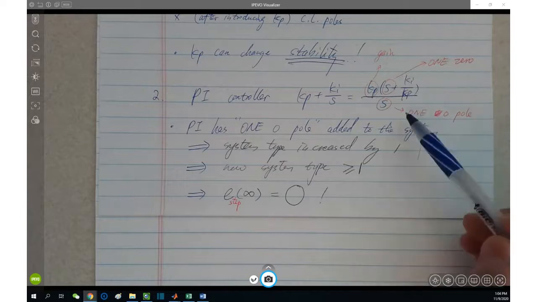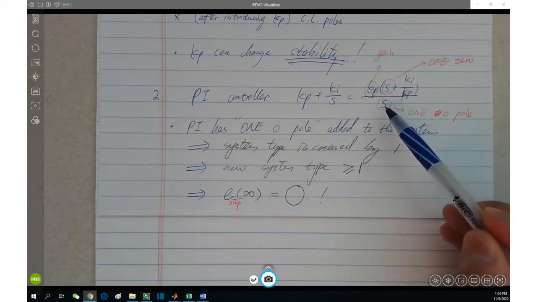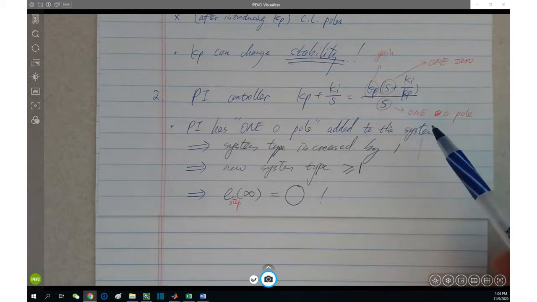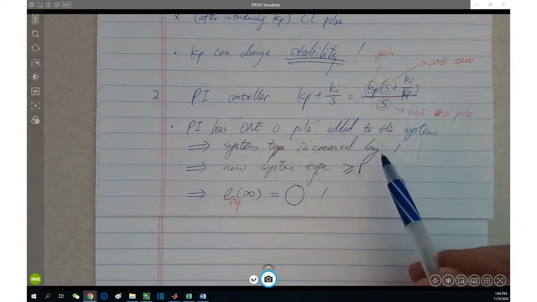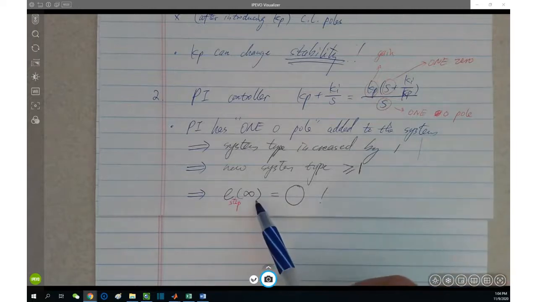And also, it's introducing a pole at zero. This pole at zero is very significant since it is adding the system type by 1. Therefore, the system becomes immune to step input steady-state error. As long as you're applying a PI controller, you can achieve that.